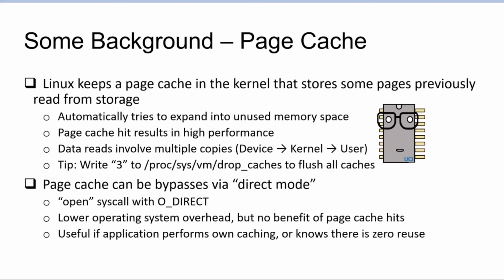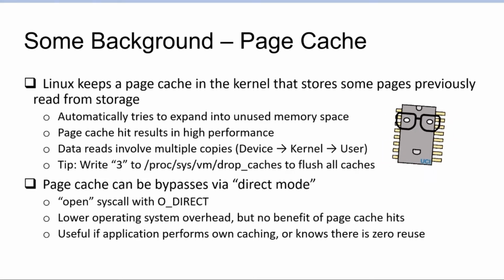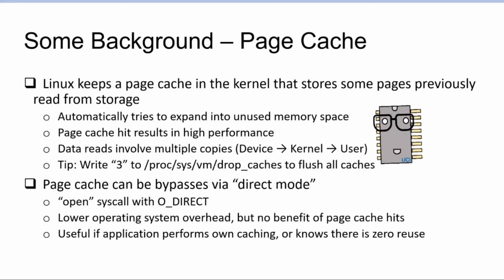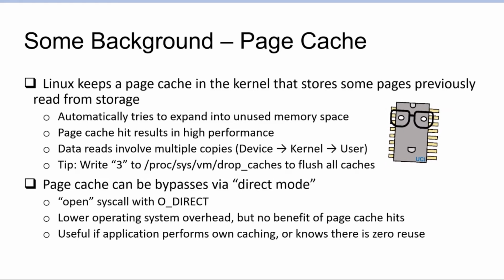And at least in the case of Linux, it automatically tries to expand into unused memory space. If you have a little bit of system memory that is not being used explicitly by some application, the kernel will expand the page cache into that unused memory space so that memory would not be sitting there unused.